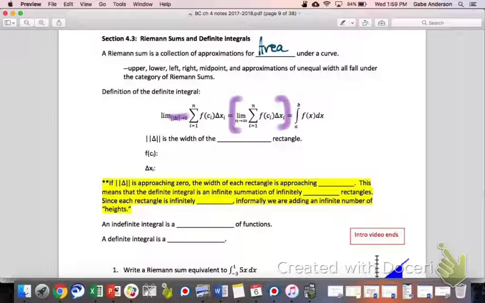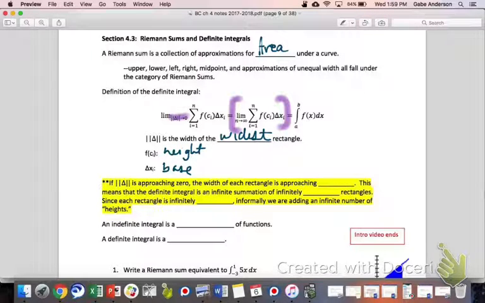That funny looking delta with the double absolute value thing, that's called the norm of the interval, and it's also known as the width of the widest rectangle. The width of the widest rectangle. And of course, f of ci, that's the height of each rectangle. Delta x is the base length of each rectangle.